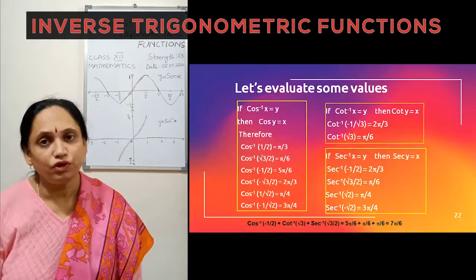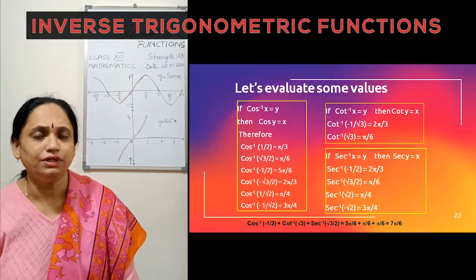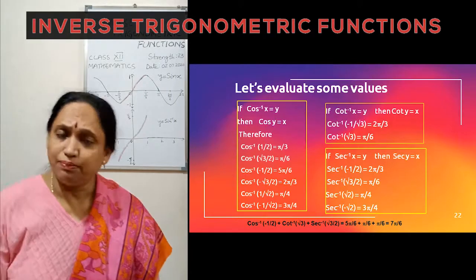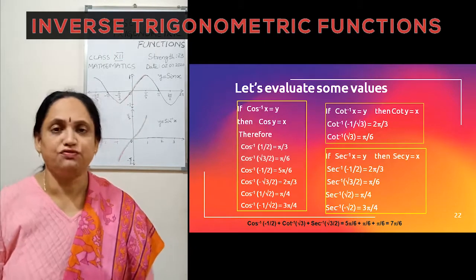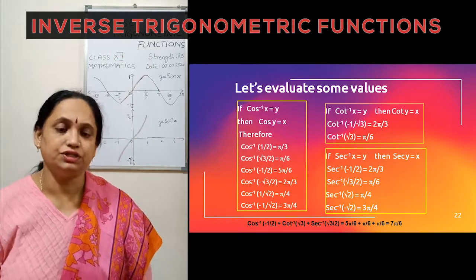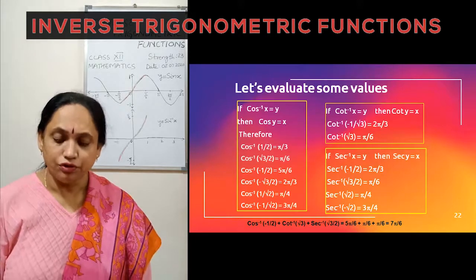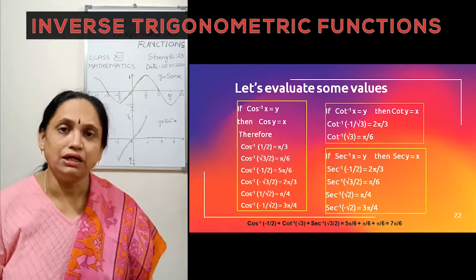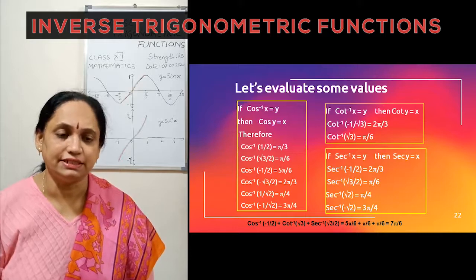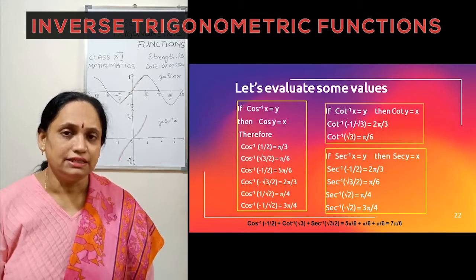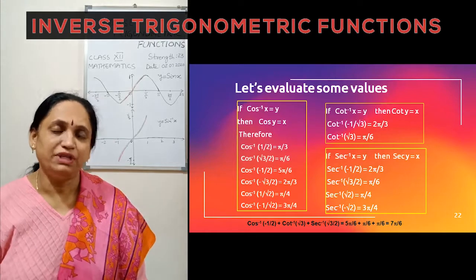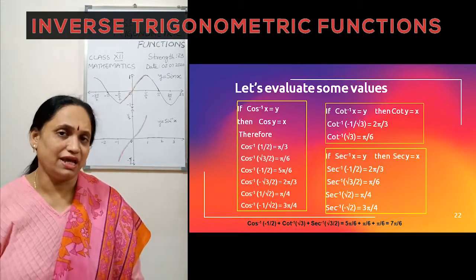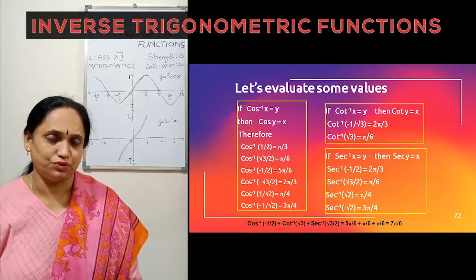We have 3 more inverse functions to evaluate. We apply the same rule, and this time all these 3 functions are in the range 0 to pi. So you can remember them and make a sentence with the first letters: S, C and T are having the principal value branch as minus pi by 2 to plus pi by 2.